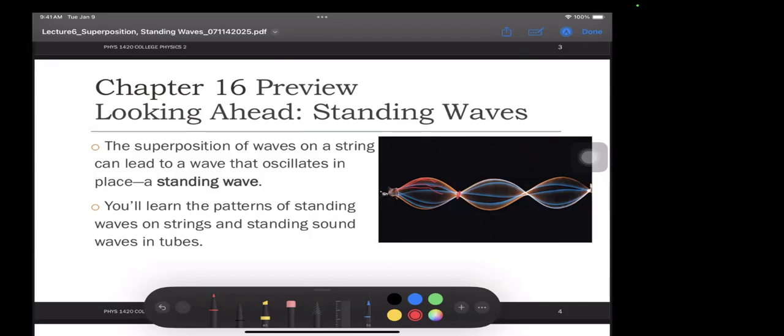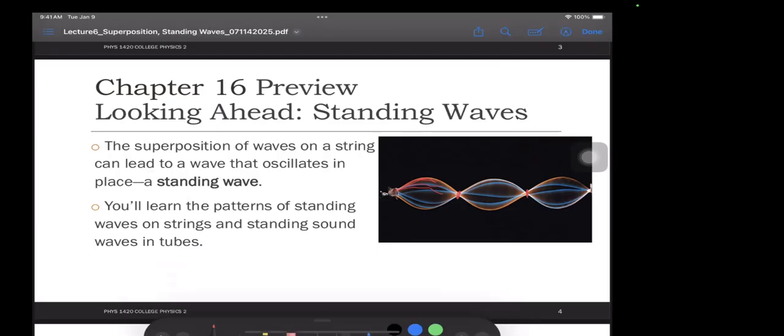It is standing there, like stopped there. So we will learn how this standing wave happens and why it happens. We will learn the patterns of standing waves on strings and standing sound waves in tubes. Okay, let's continue.